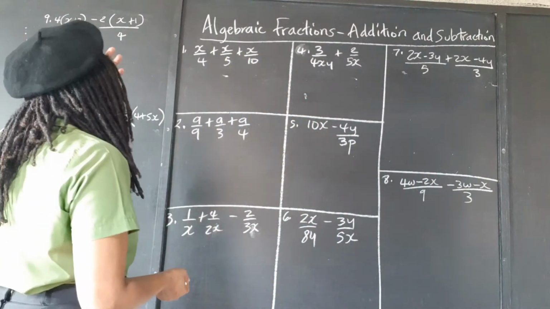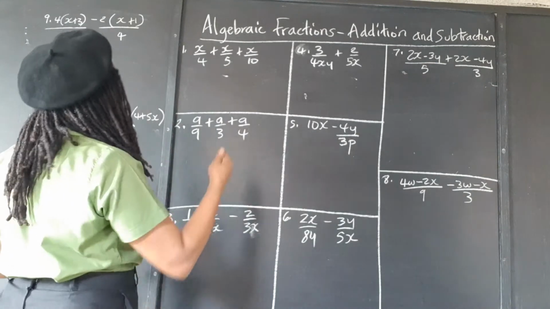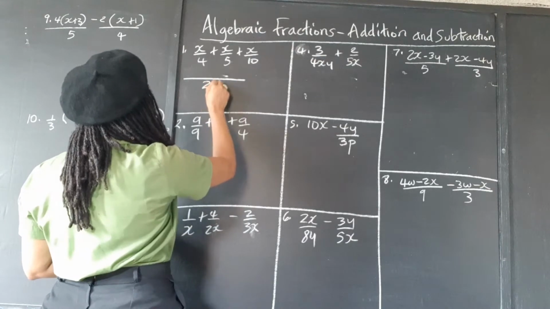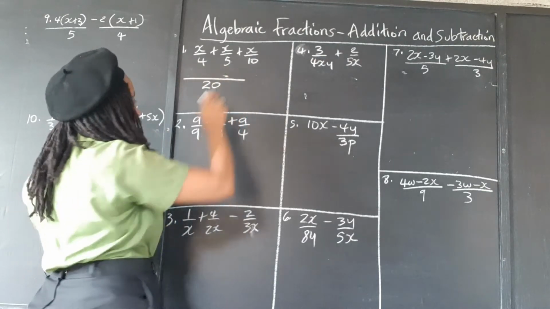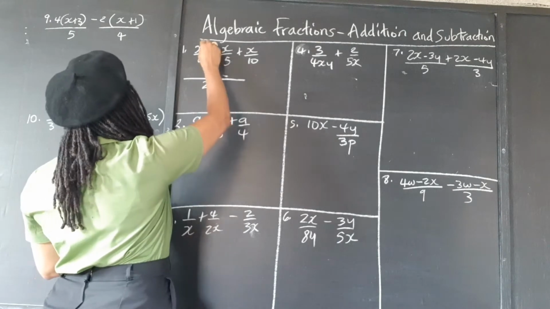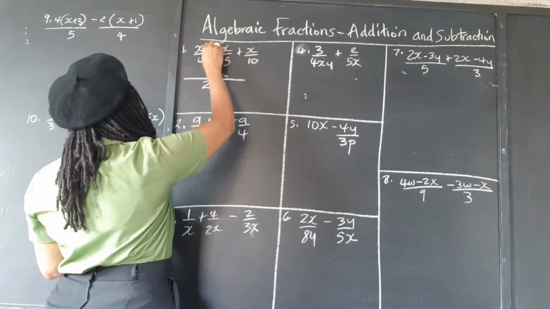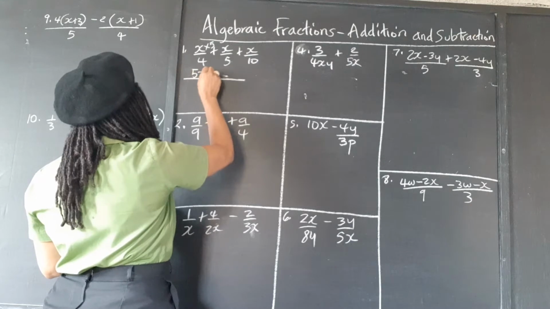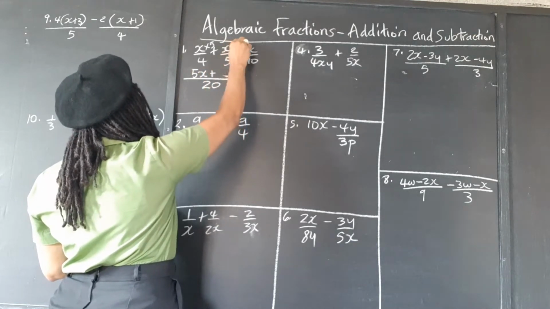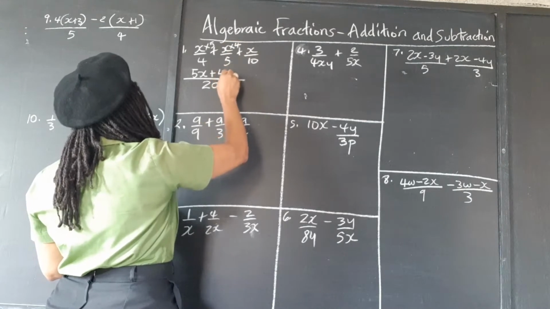So we have x over 4 plus x over 5 plus x over 10. The LCM of 4, 5, and 10 is 20. 4 goes into 20 5 times. X times 5 is 5x. 5 goes into 20 4 times. X times 4 is 4x.